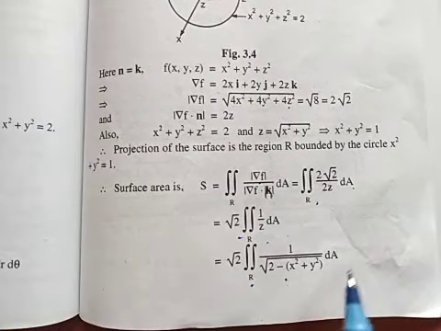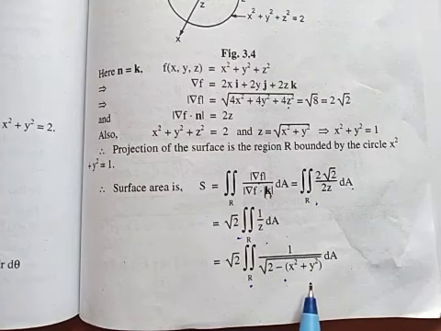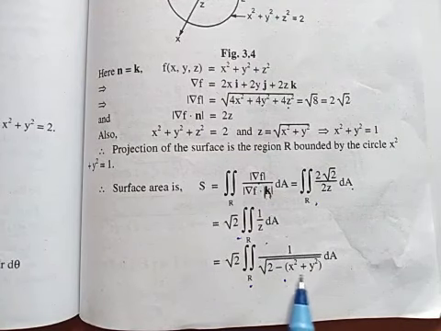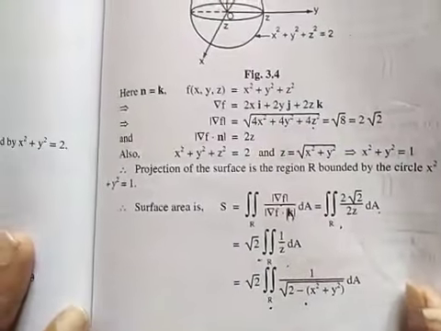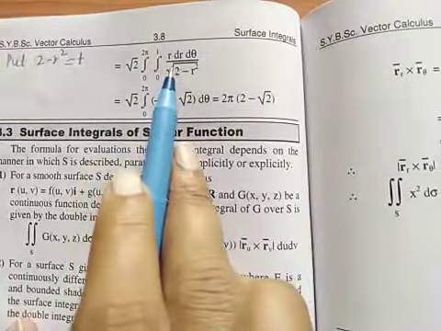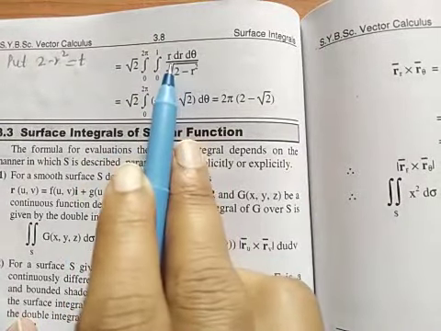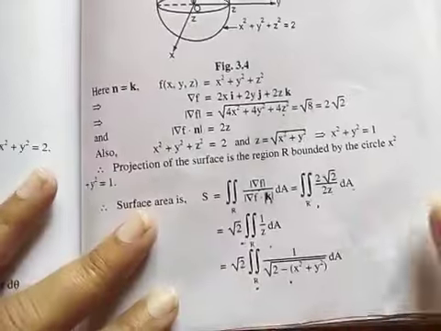Or by polar coordinates we can substitute x is equal to r cos theta, y is equal to r sin theta. Then what will be the final? After this substitution, dx dy is r dr d theta, and the integrand is square root of 2 minus r square. Why 2 minus r square?